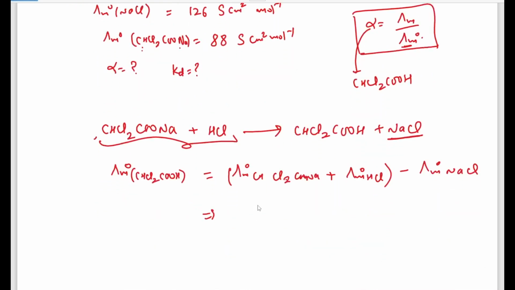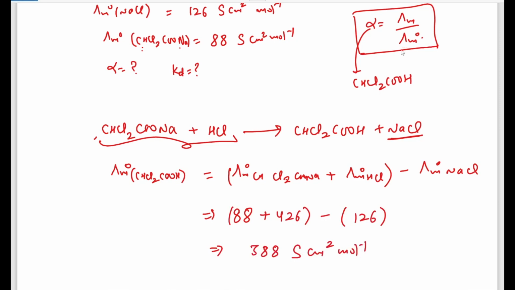For the sodium salt the value is 88, for HCl it is 426, and for NaCl it is 126. After calculating we get 388 S cm² mol⁻¹. So we have found the molar conductivity of dichloroacetic acid at infinite dilution.